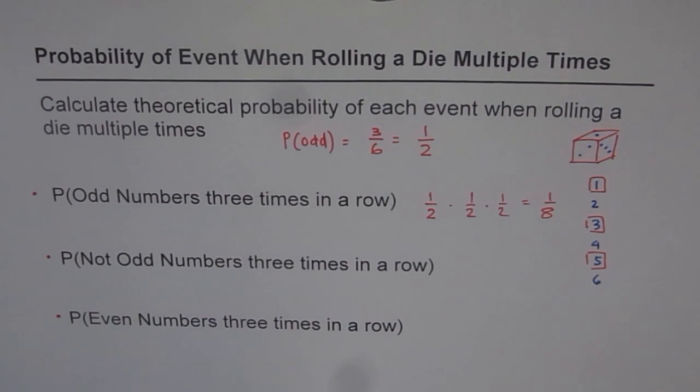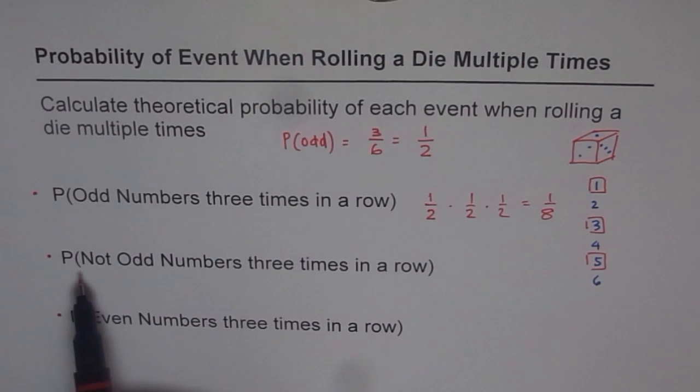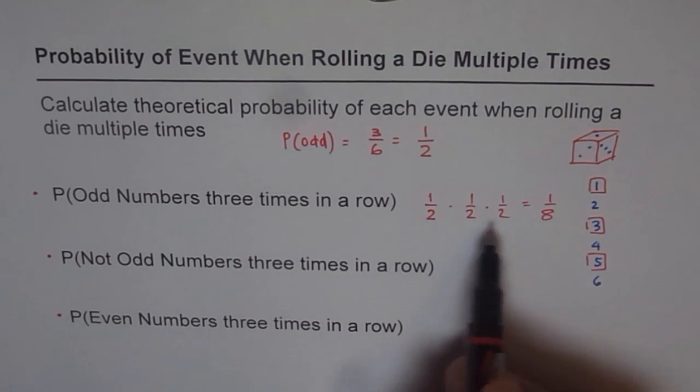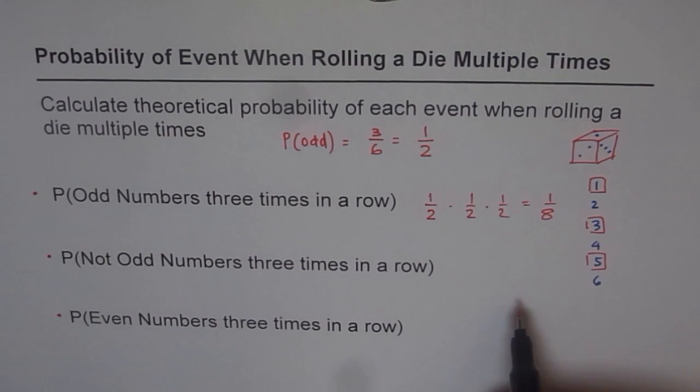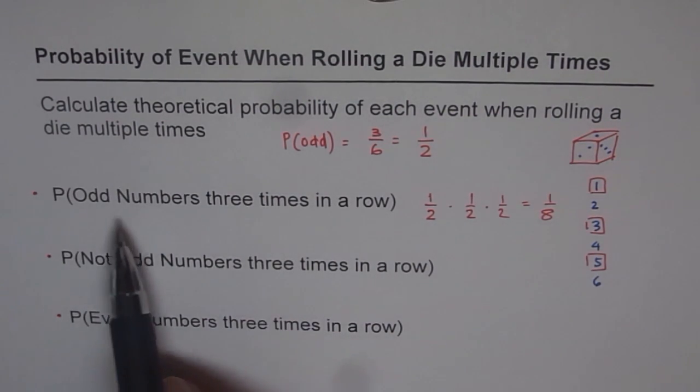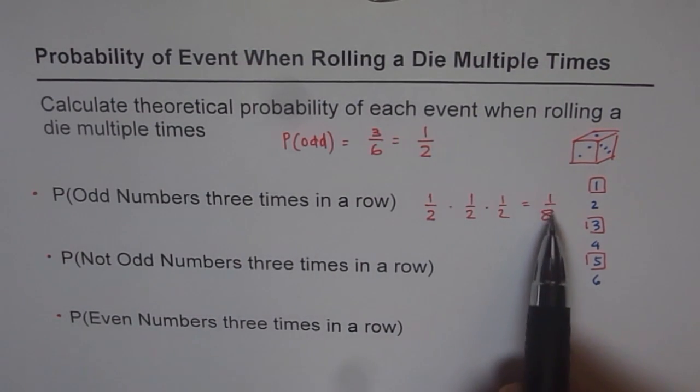Now the second part is, what is the probability of not getting an odd number 3 times in a row? Not an odd number, but anything else. But 3 times in a row, you should not get an odd number. So what is the probability of that? So it becomes a very tricky problem and very difficult to figure out. But well, we do have an answer for this right there. You know that probability of getting an odd number 3 times in a row is 1 over 8.